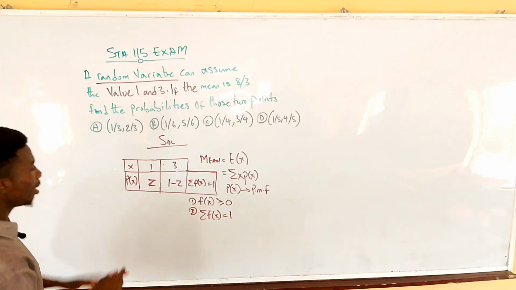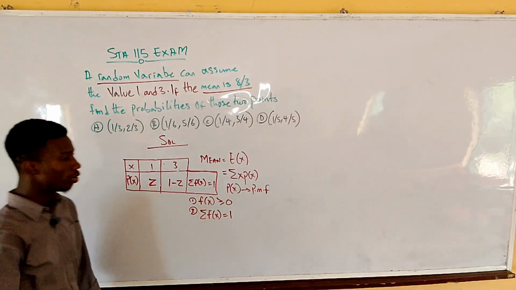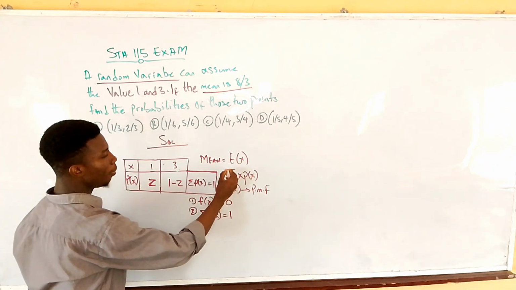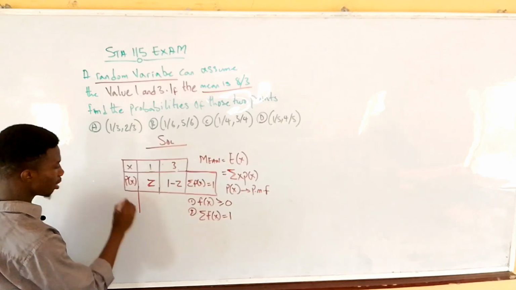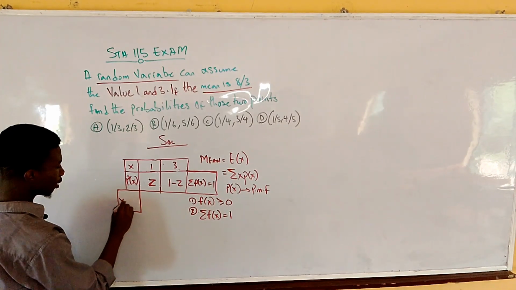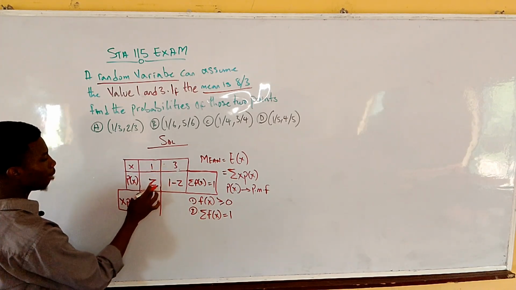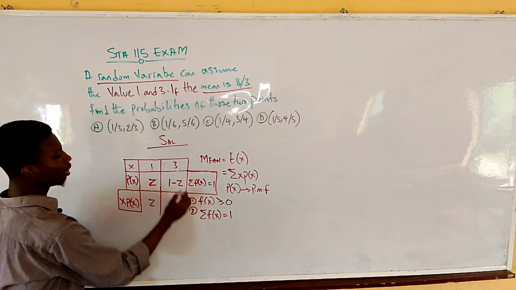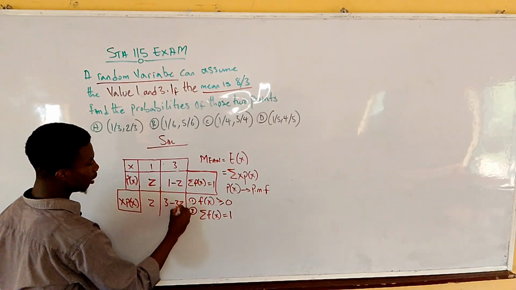Remember they gave us the value for the mean to be 8/3, and I said the mean is a mathematical expectation, which is the summation of x p(x). So I am going to create another column for x p(x). 1 times z is z, and 3 times 1 minus z is 3 minus 3z.